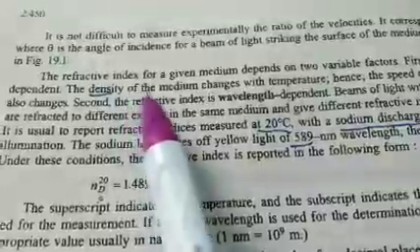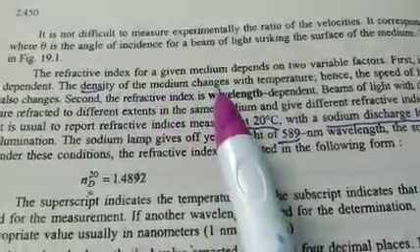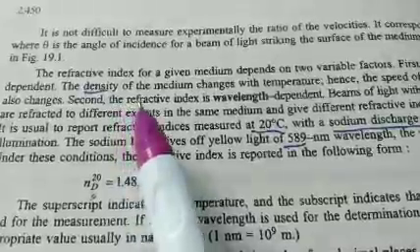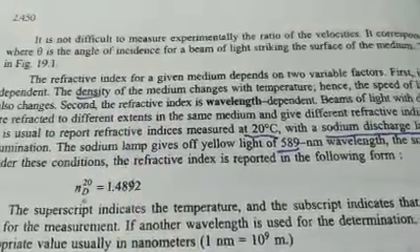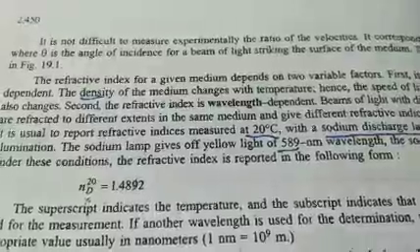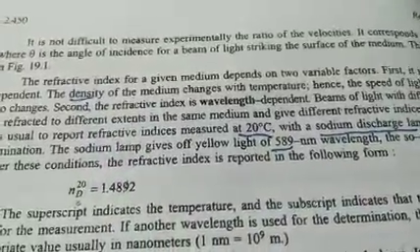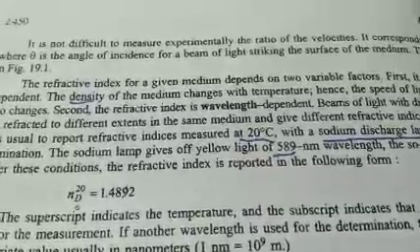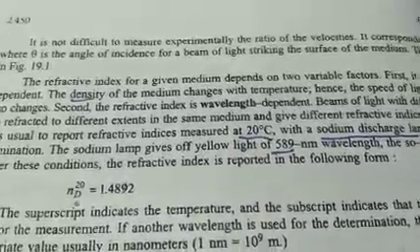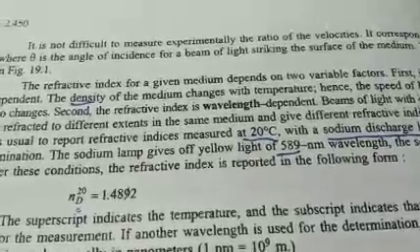When the density is high, the wavelength and the speed of light change. The refractive index is the velocity of light in air divided by the velocity of light in the denser medium.